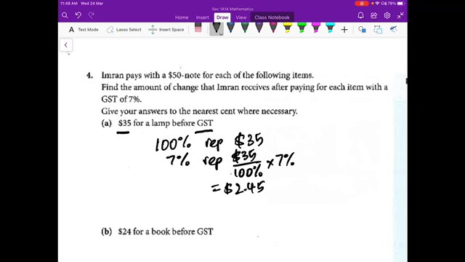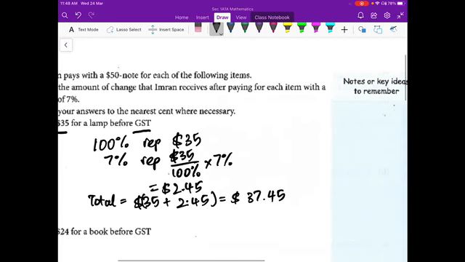This is for people who prefer method 1. Then now you add it up. Total equals to 35 plus $2.45. So we have 37.45. He needs to pay 37.45. Okay, that is for method 1. The other method, I'll put it on the right hand side.